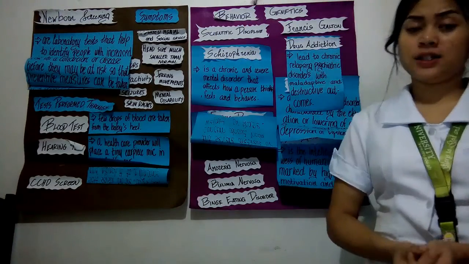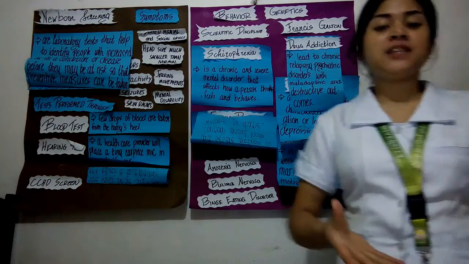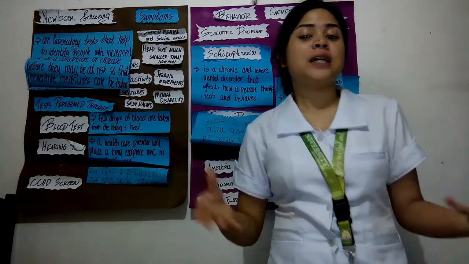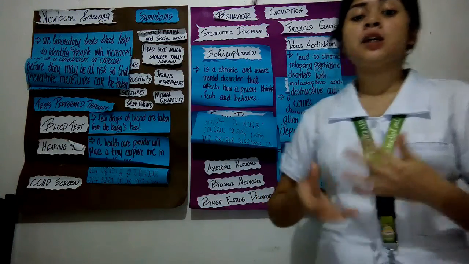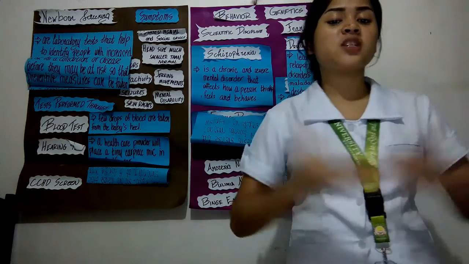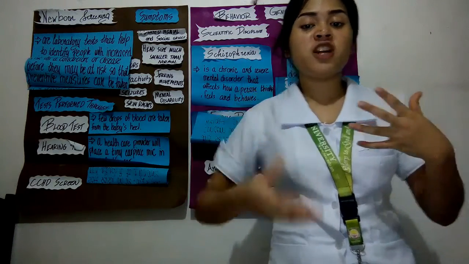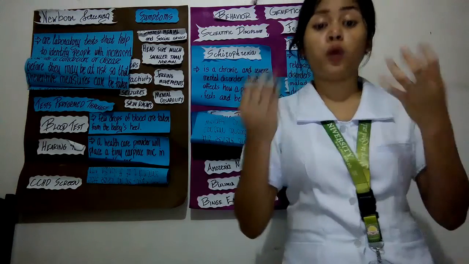What is drug addiction? Addiction is defined as a chronic relapsing brain disease that is characterized by compulsive drug seeking and use, despite harmful consequences. It is considered a brain disease because drugs can change the brain. They change its structure and how it works.